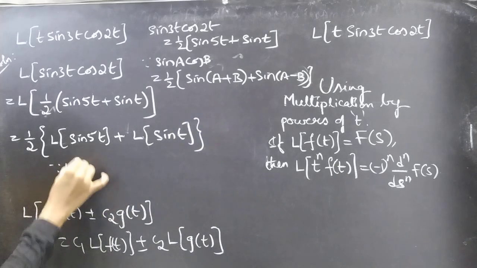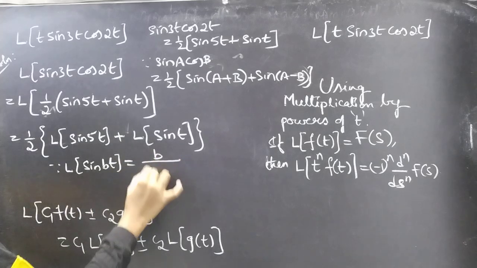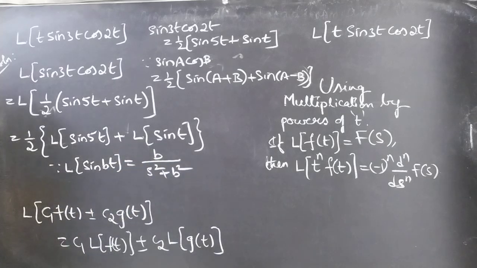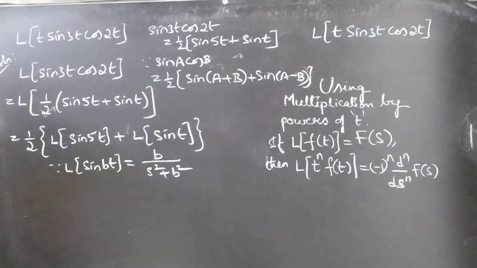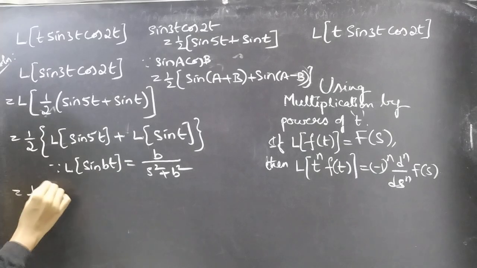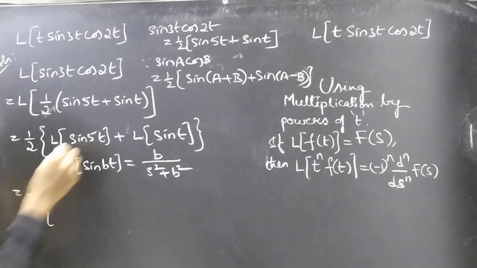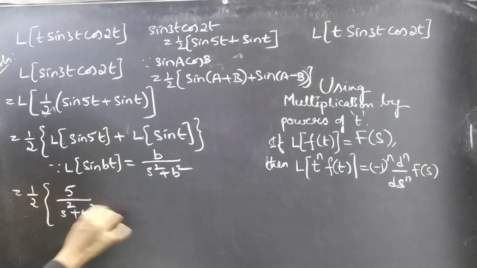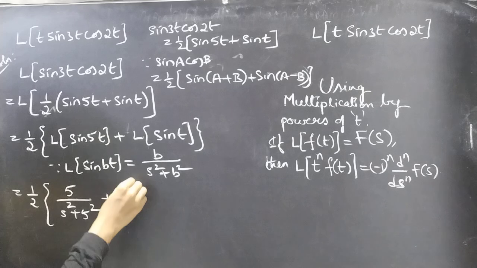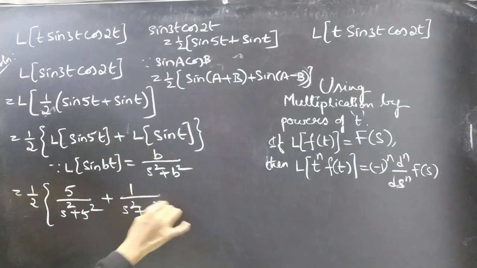Since we know that L of sin bt equals b by s square plus b square, now we are going to apply this formula for these two. Just compare sin 5t with sin bt: for b equal to 5 we'll get L of sin 5t equal to 5 by s square plus 5 square. By comparing the other, we'll get b equal to 1. For b equal to 1, L of sin bt equals 1 by s square plus 1 square.